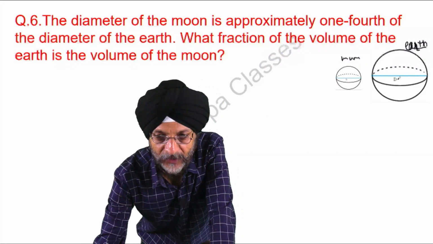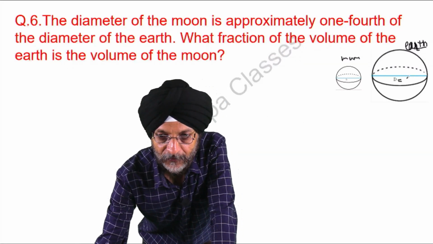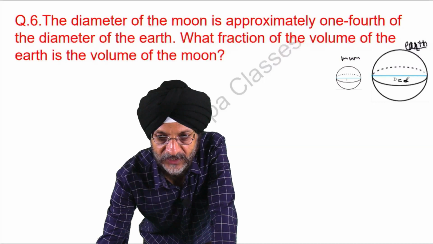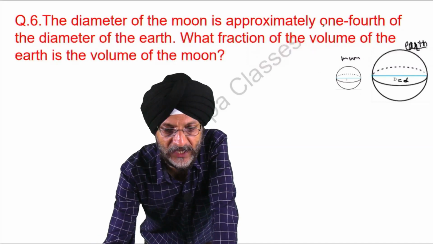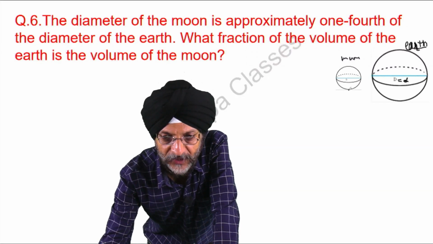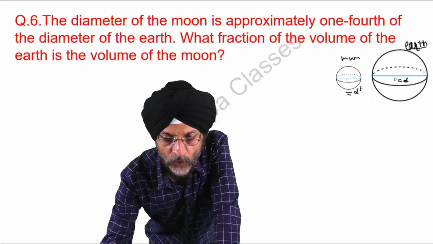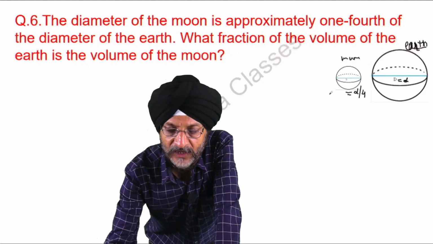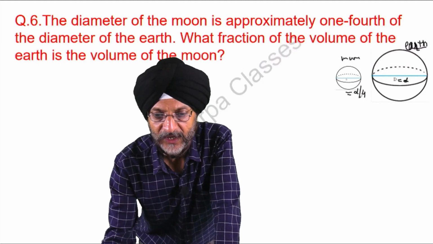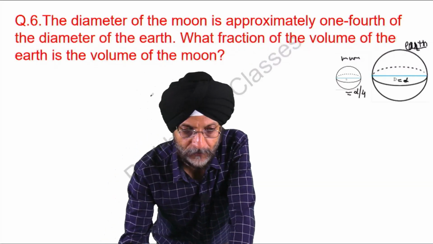Now this is the diameter of the earth, which is d. We are supposing it as d. Now what is given in the question? The diameter of the moon is approximately 1/4. So here the diameter is d over 4. Here the diameter has been taken as d. Here the diameter of the moon will be d divided by 4.